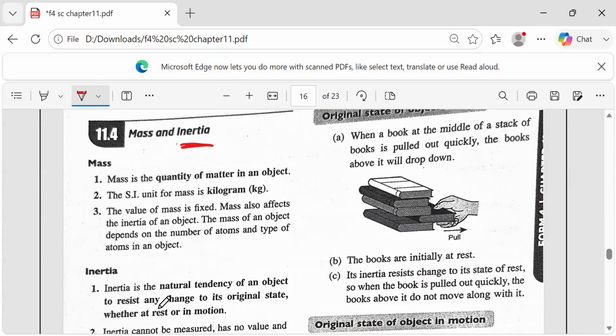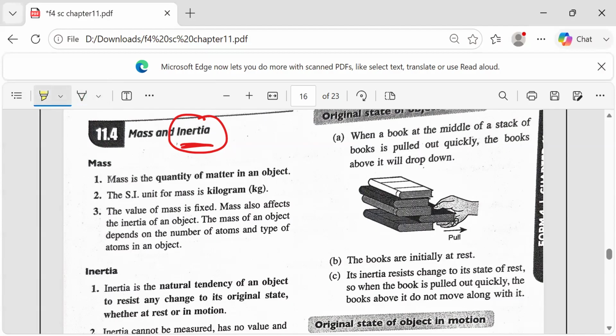So when you want to make it move or stop, you have to overcome this thing called inertia. Okay? During holidays, is it easy to study or hard to study? Hard, because you are a body at rest already. During exams, studying, is it hard to stop? Hard, you're used to it. Okay, so a body in motion stays in motion, a body at rest will stay at rest. Okay?